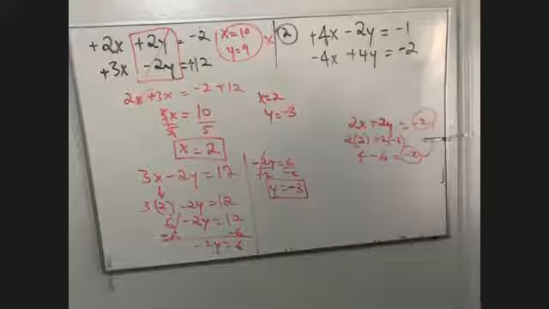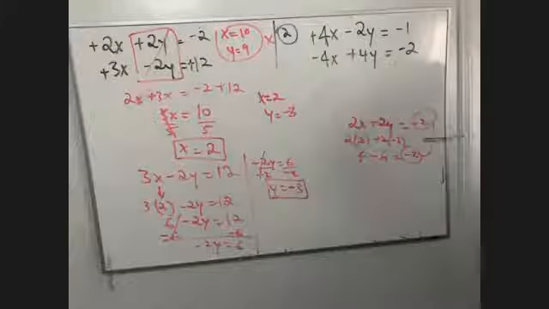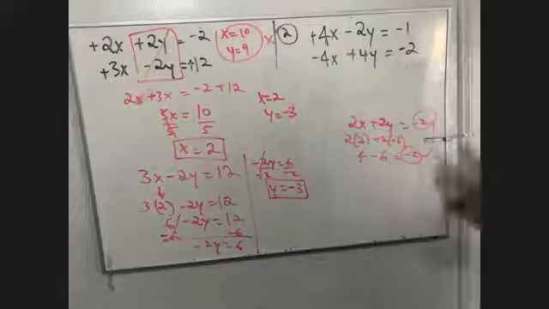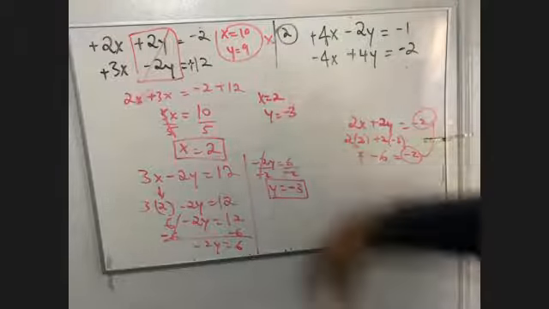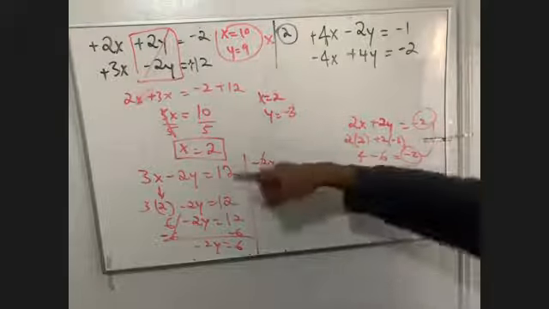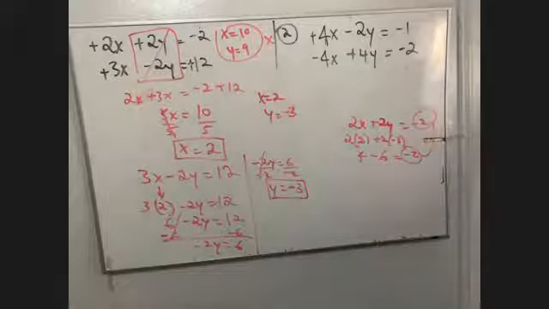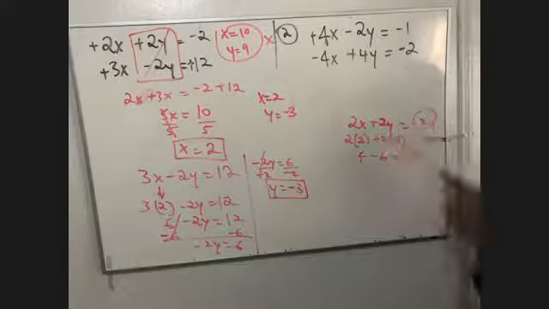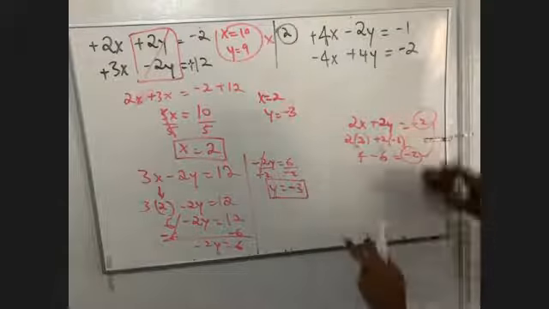Whenever you solve a system of equations on your exam, I will teach you how to solve multiple choice exam questions. Sometimes you don't have to go through this whole process, but knowing it will help you understand whether you should do this or not.